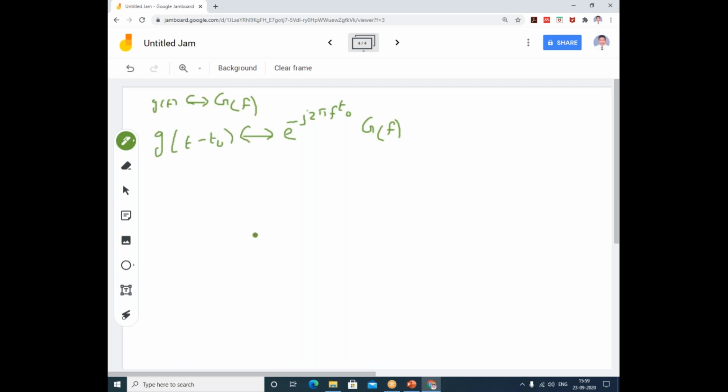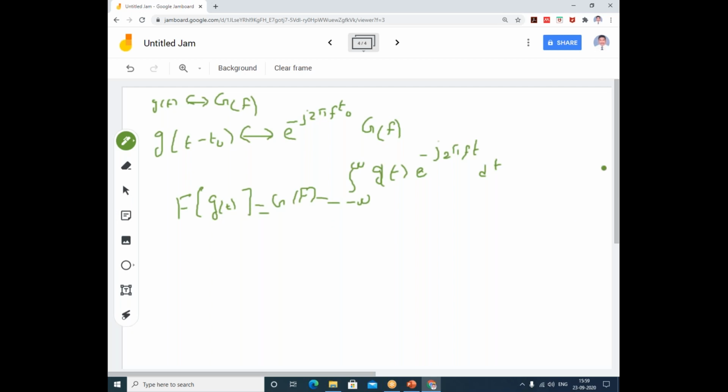So what we have to do is, first I have to consider the Fourier transform of g of t. We know from the fundamentals the formula for the Fourier transform of g of t, which you can write as capital G of f equal to integral from minus infinity to plus infinity g of t into e power minus j2 pi f t dt.